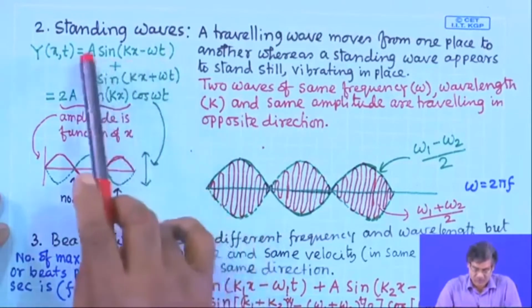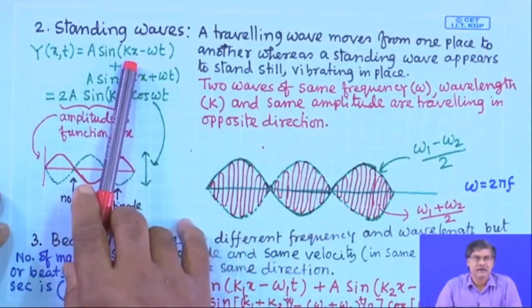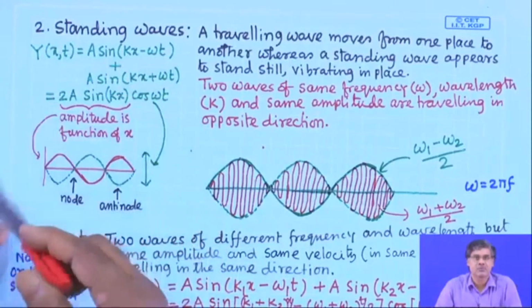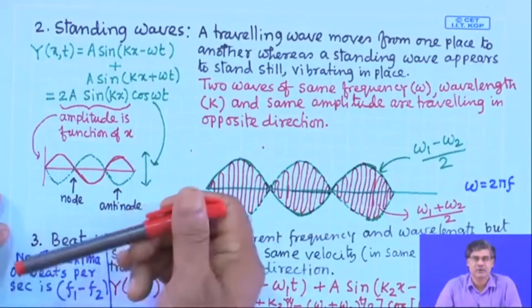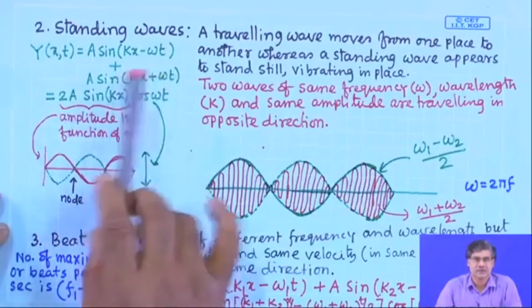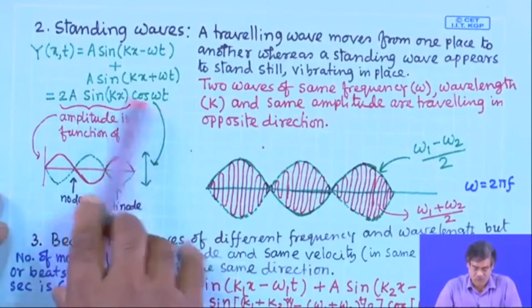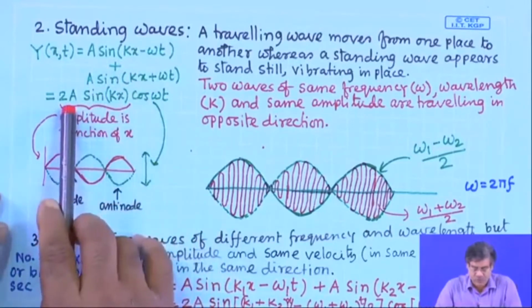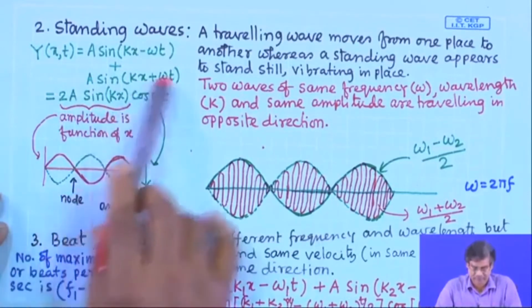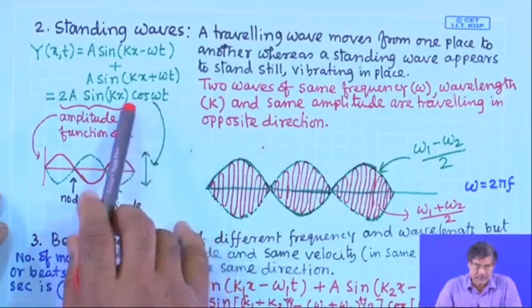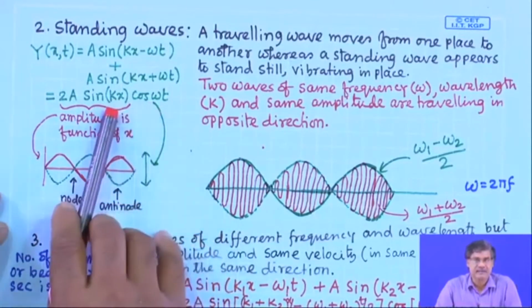From here, using sin A plus sin B equals 2 sin((A+B)/2) cos((A−B)/2), a trigonometric relation you know, you will get 2A sin kx cos ωt. Basically, here we see a time part and a space part.